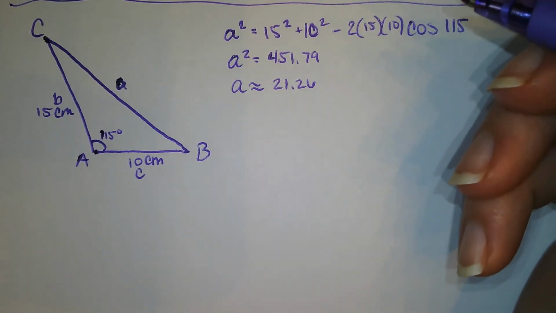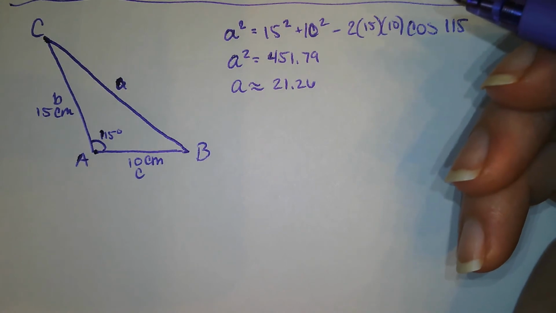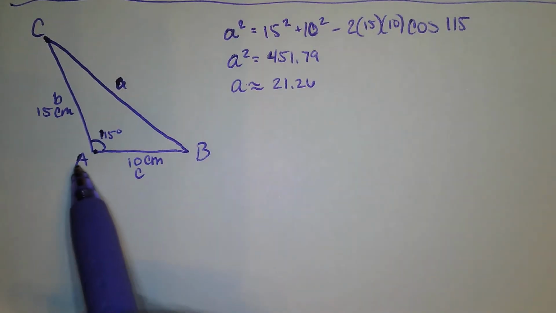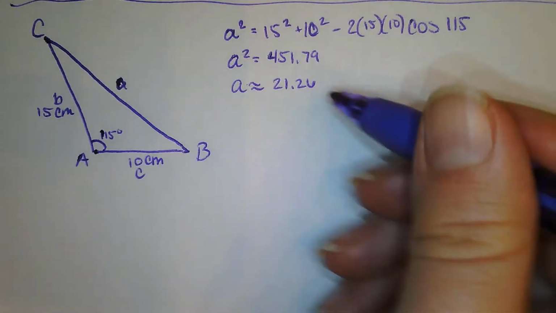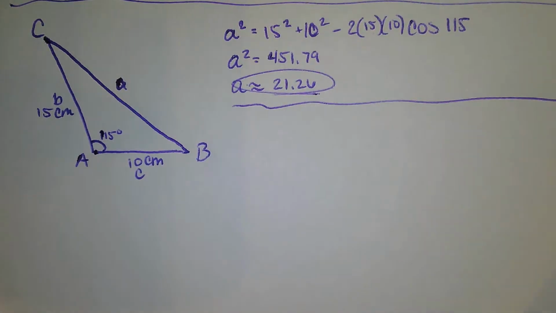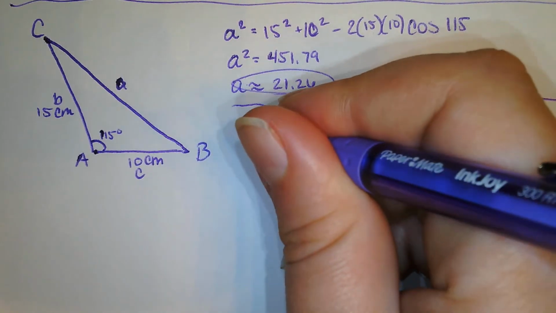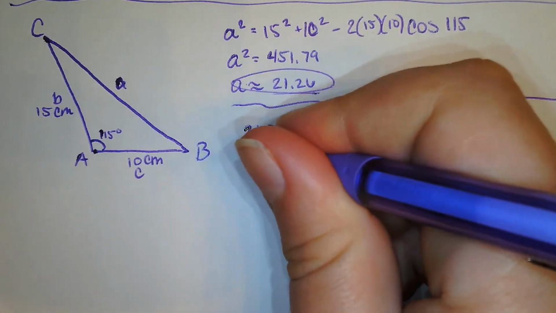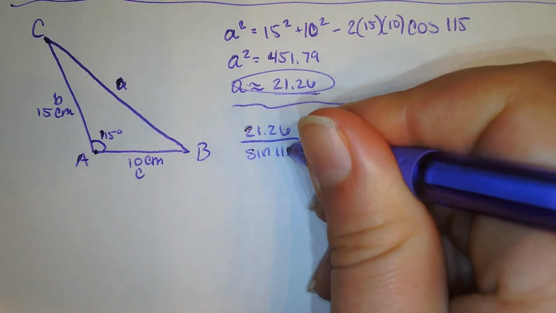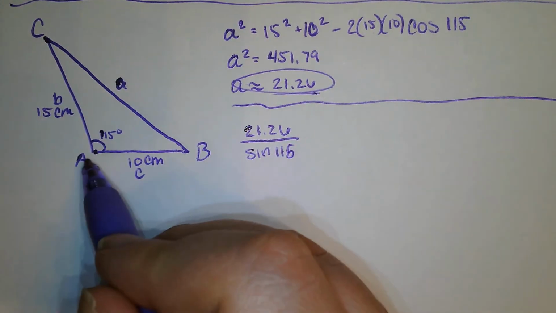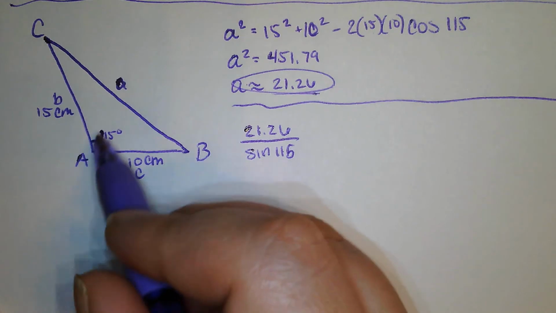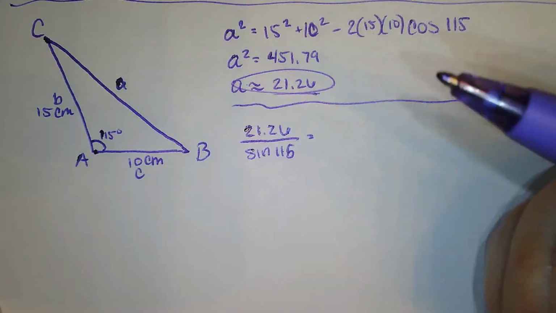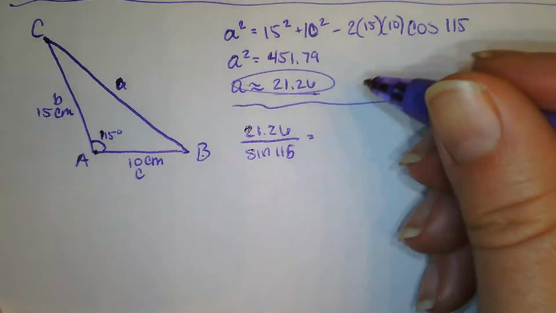All right, that's that. Once you have that side, now we can use side A and angle A to set up a ratio for the law of sines. So 21.26 over sine of 115, because those go together, the side and the angle. Let's find angle B next.